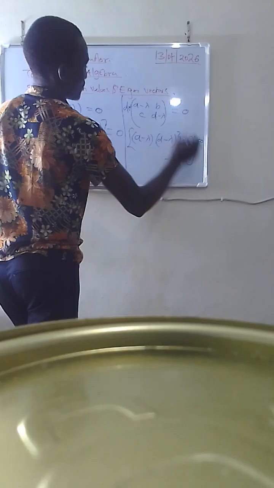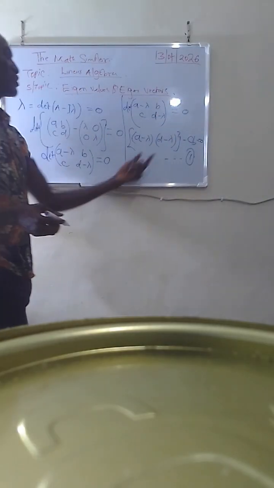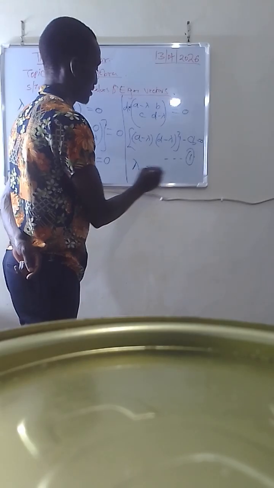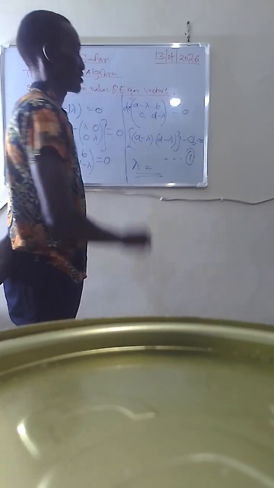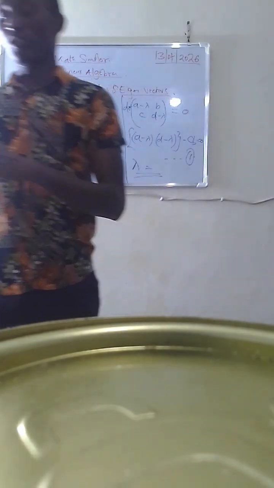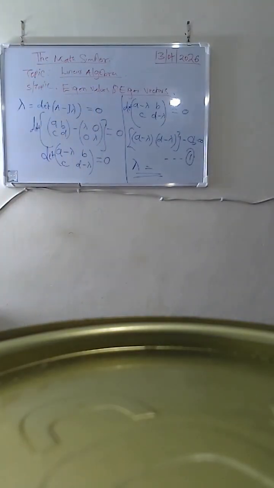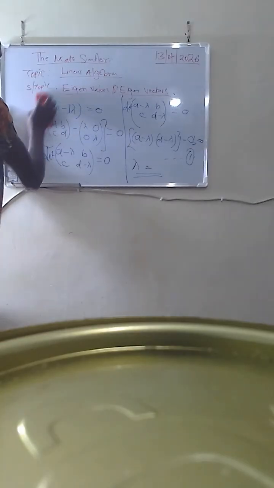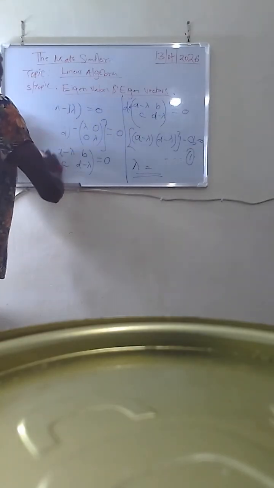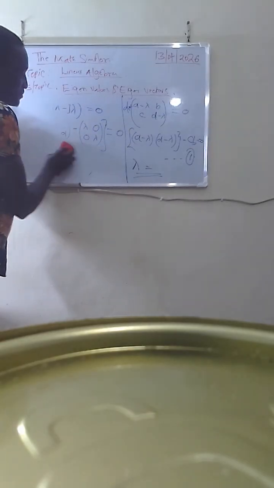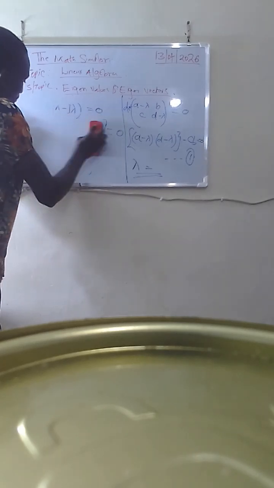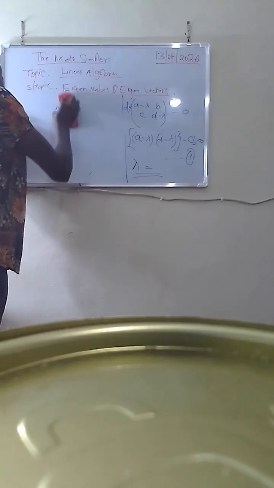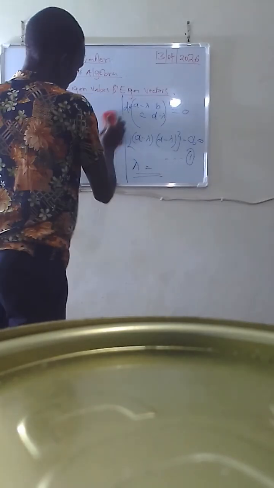This is our equation. When you solve this equation, the values of lambda will be the eigenvalues. That's how it's done. We can just take a good example to help us understand it better.